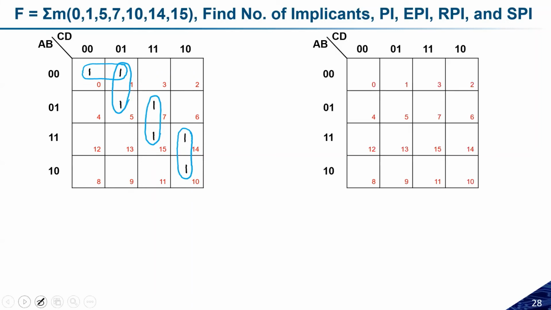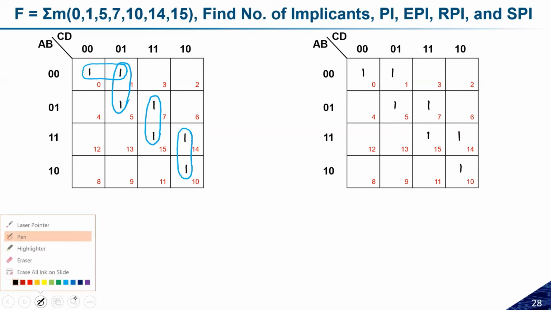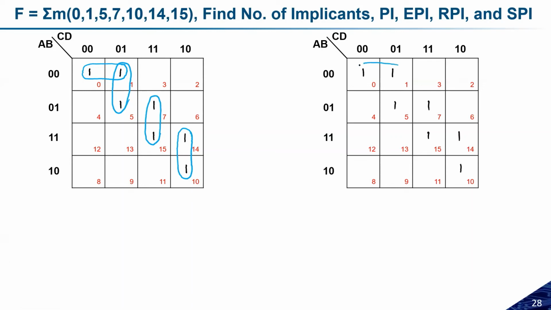Let me consider a second possibility as well, so that you will be able to understand what I'm teaching. Let us consider I have 1, 1, 1, 1, 1, 1, and 1. We are now clear that this one is essential and this one is essential. So the blue color is essential.